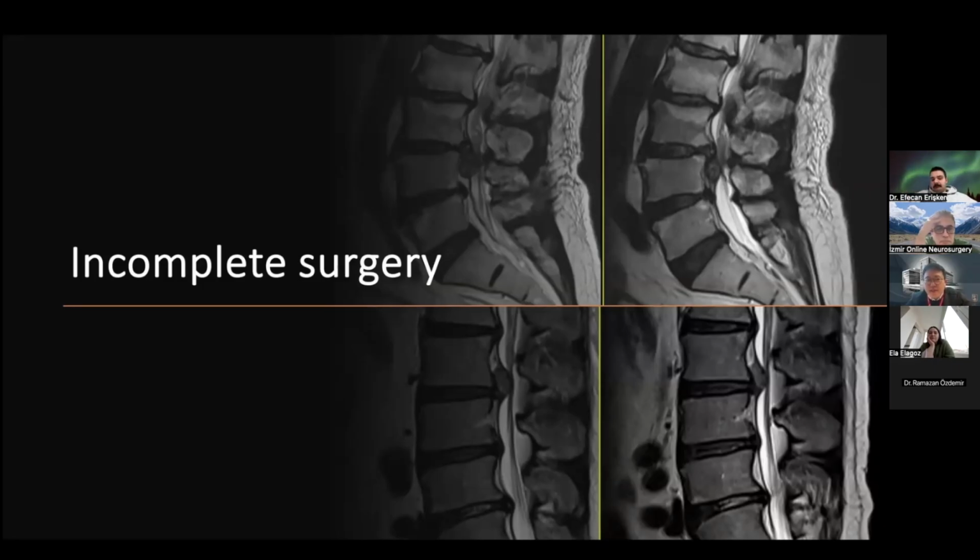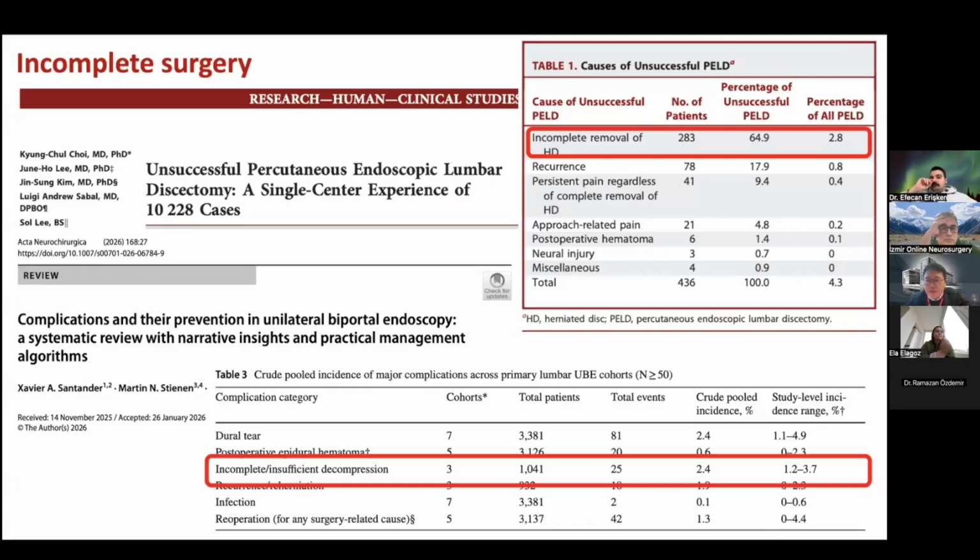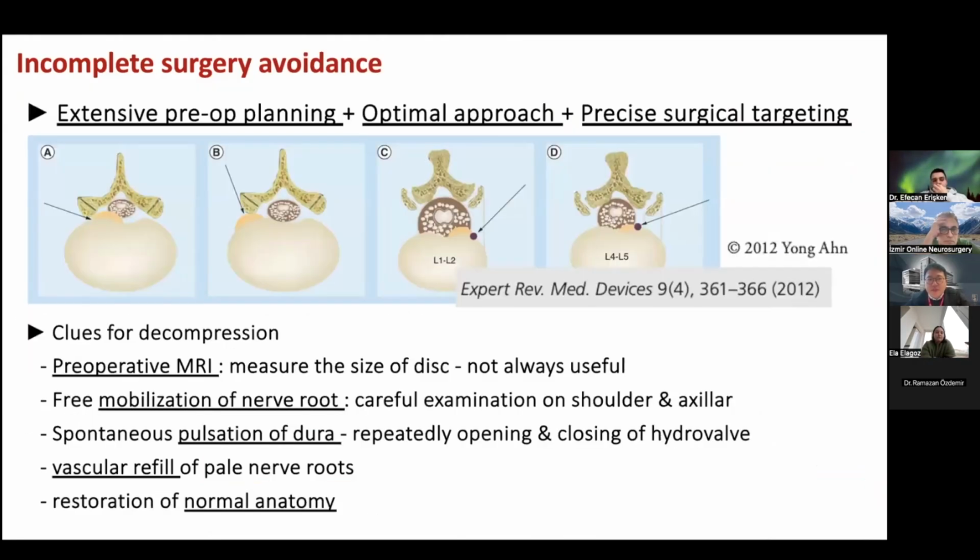So incomplete surgery is a very common complication. I don't know if we can call it a complication, but it happens a lot. And if we look into the literature, it is reported that up to 2 to 3% of cases are incomplete surgeries. So to avoid an incomplete surgery, it is important to have very extensive preoperative planning.